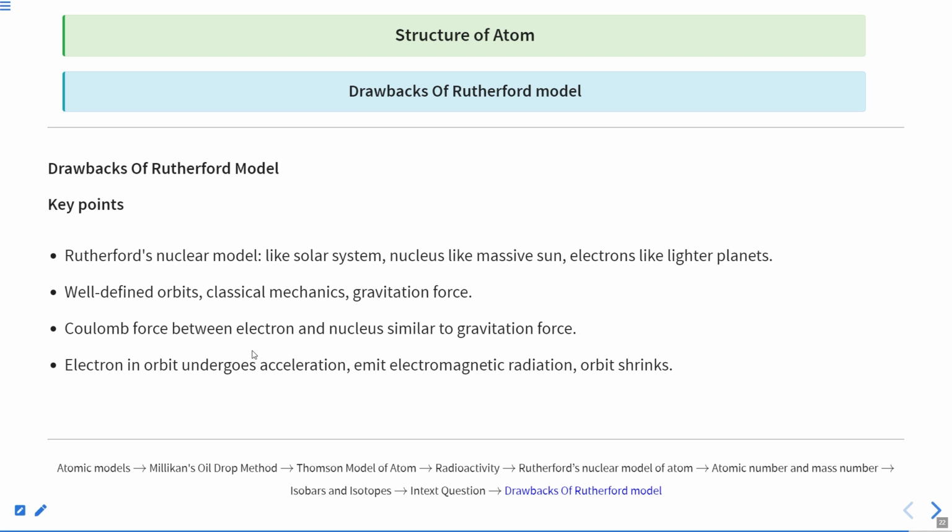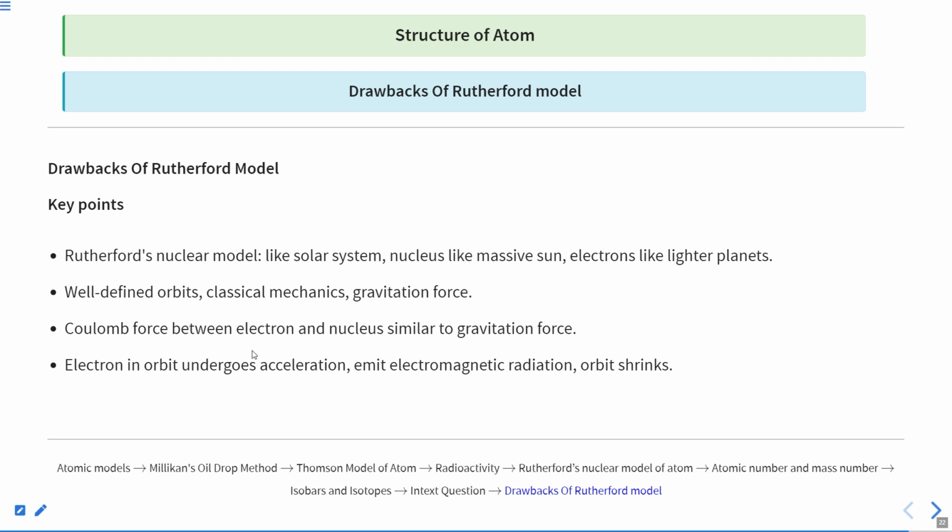If something is moving in a round direction, it is always changing its direction, so its velocity is always changing. This is very basic physics. If something is moving in a circle, not in a straight line, its speed will be the same, but its velocity will change due to the change in direction, because velocity is a vector quantity, right? So it is changing its direction and it is accelerating.